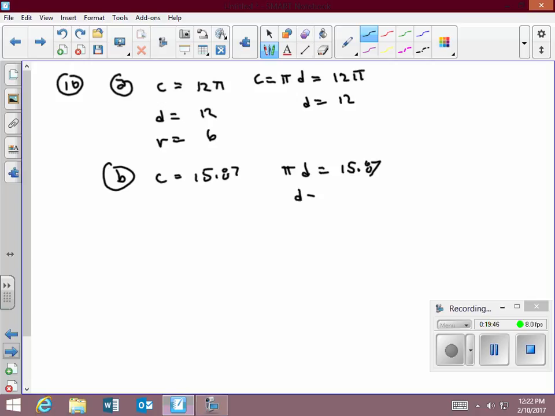So the diameter is 15.87 over pi. So the diameter is what? Is it 4.9? Yeah, 4.9.